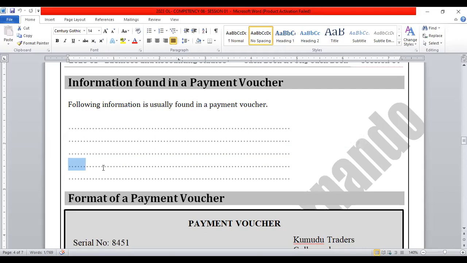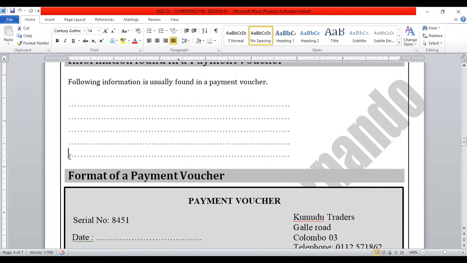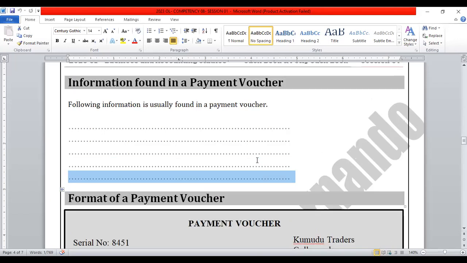Okay. Name of the receiver. And the last is amount paid in cash. These are the common information that is found in a cash payment voucher.